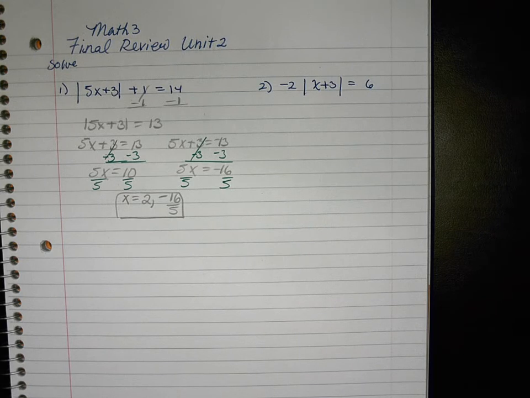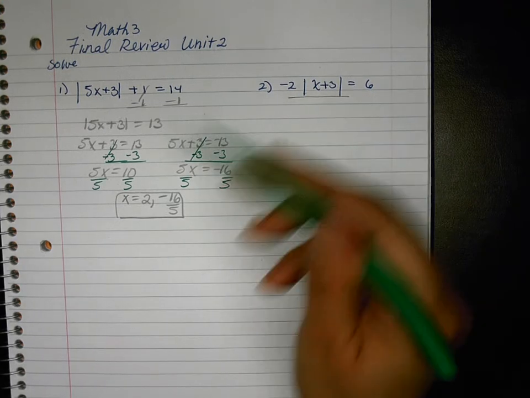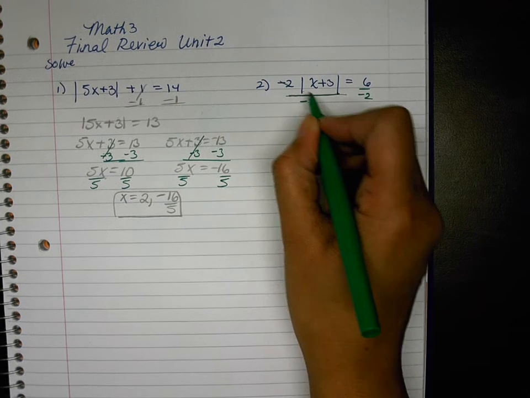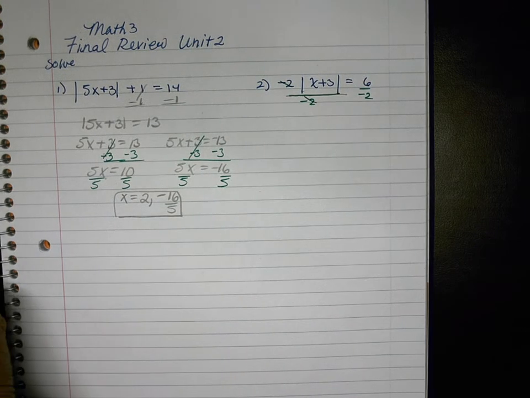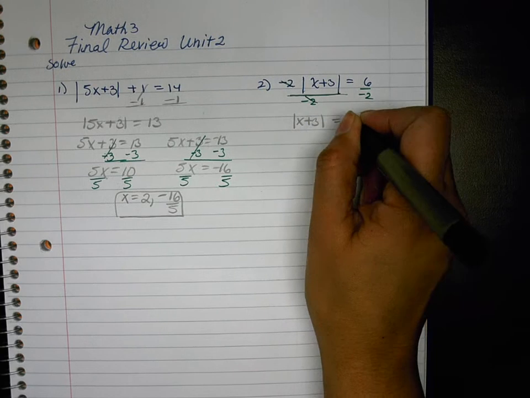No. Never. What do I do to get rid of the negative 2? Divide. I don't add it, I divide it out to the other side. So, divide by negative 2. Absolute value of x plus 3 equals negative 3.